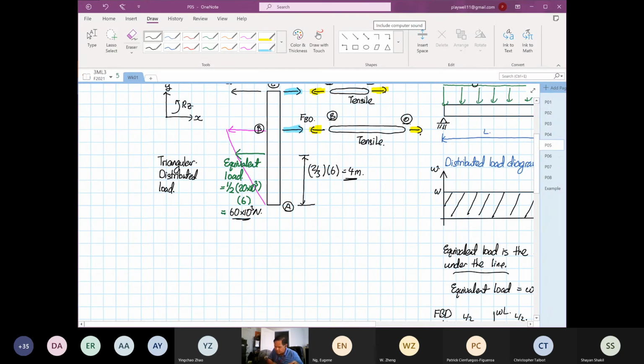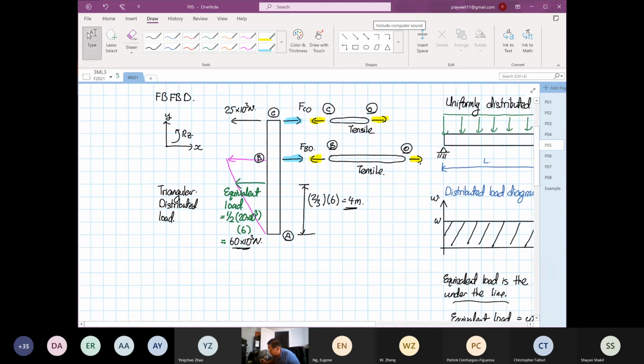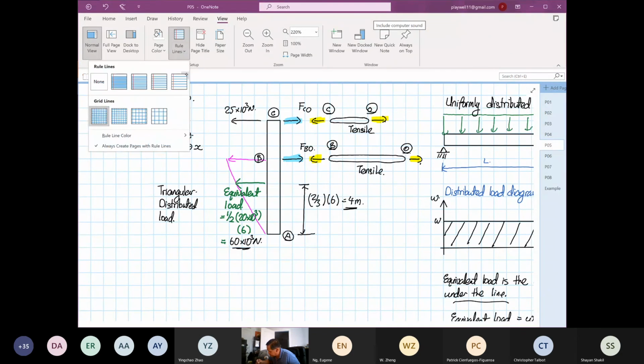So the next thing we're going to do is static analysis. After your free body diagram, we're going to apply static analysis first.